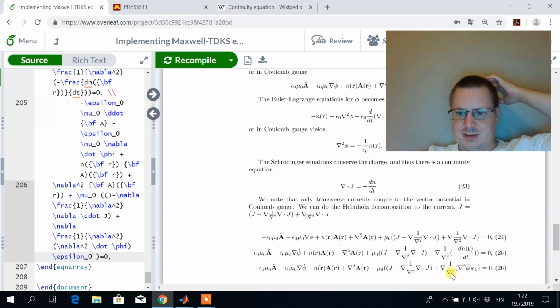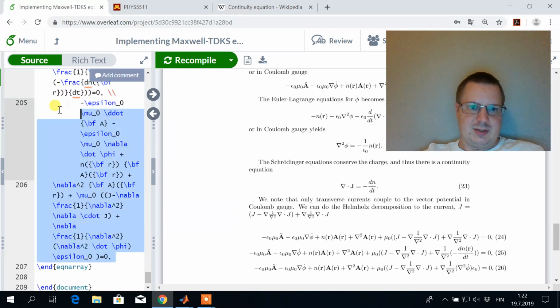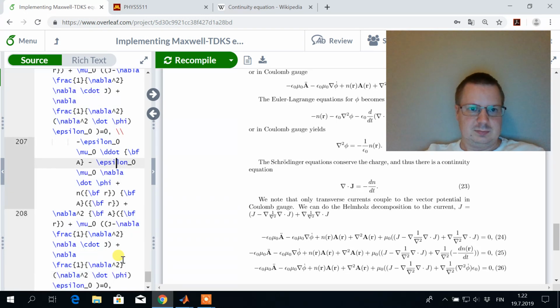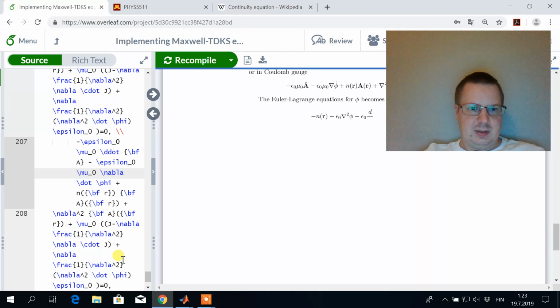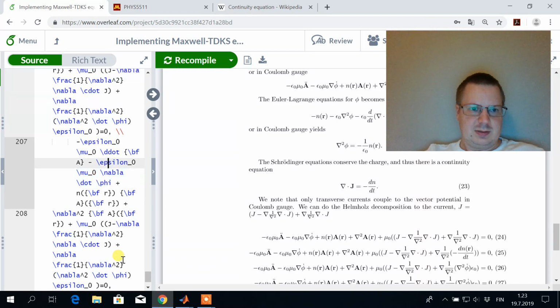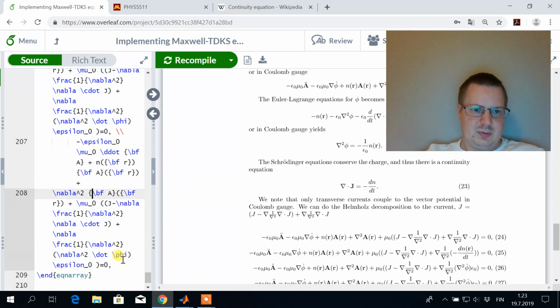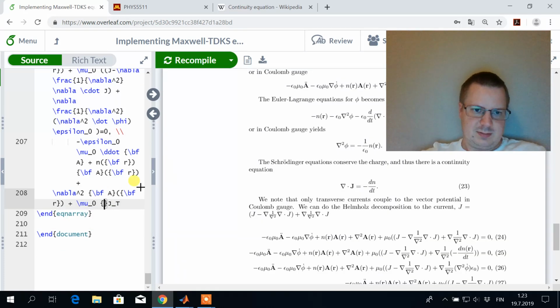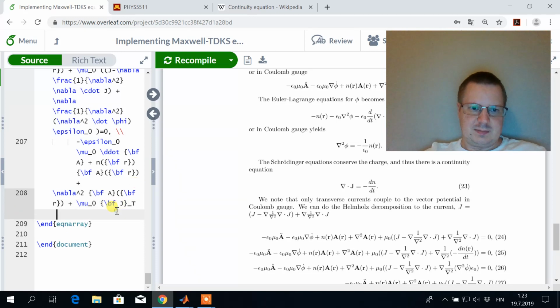And this one is cancelled, and mu 0 comes here. So eventually this one cancels the longitudinal part of the current, and only the transverse current remains.